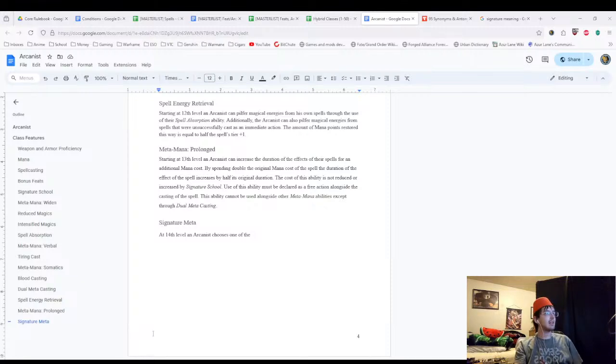Chooses one of the mana abilities he already has and reduces the mana cost of using that mana ability by 1 mana point for every 10 Arcanist levels he possesses.